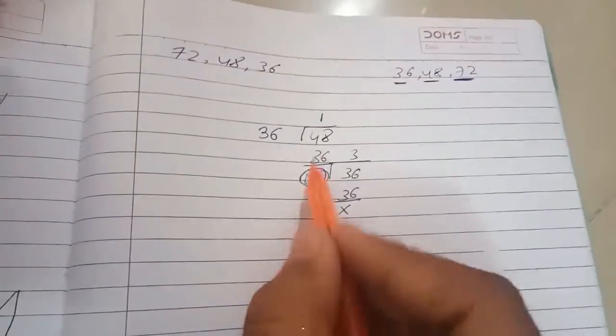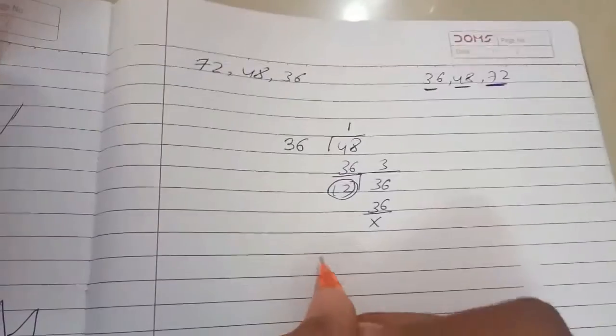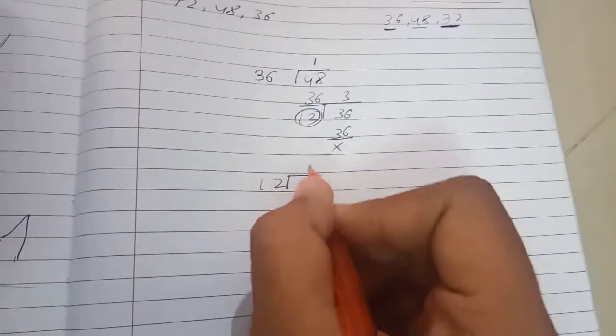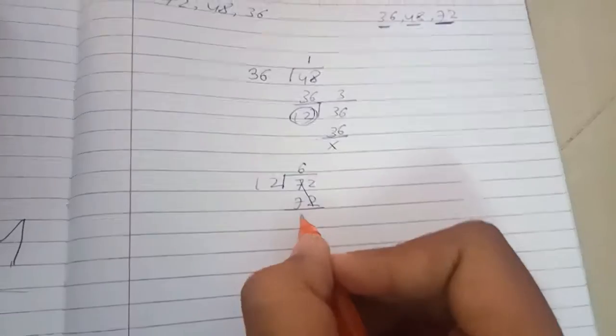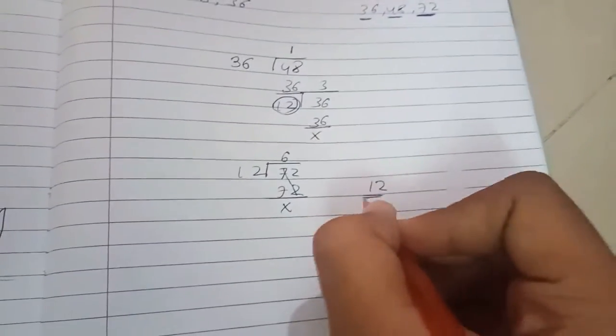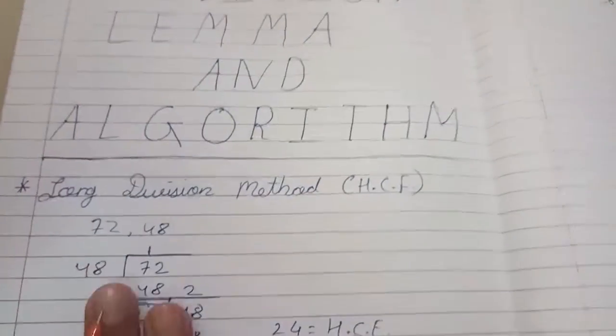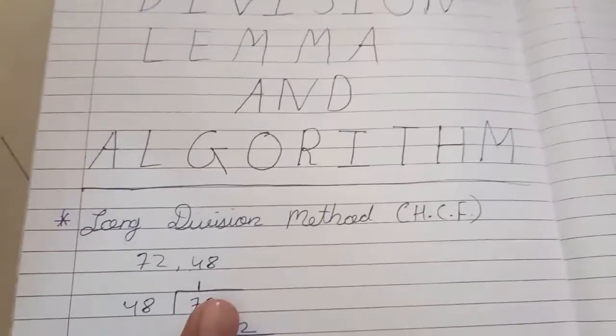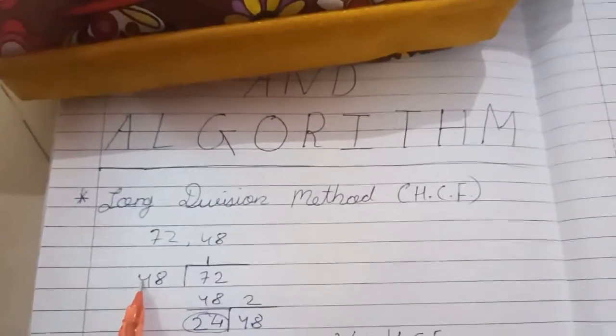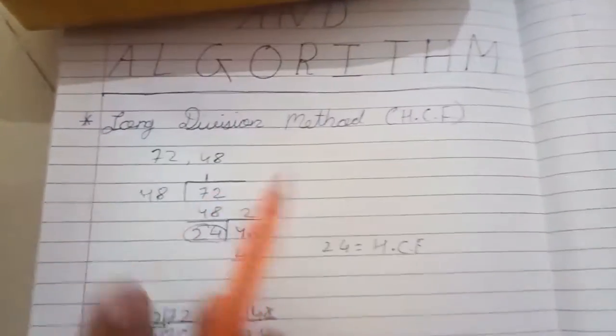Now you have to divide the third number by the HCF of these two. So 72 divided by 12 divides directly. So 12 is the HCF of all 3. Let me revise this whole method; it's very simple. In case of 2 digits, you take the smaller one and divide the greater one using the smaller one.